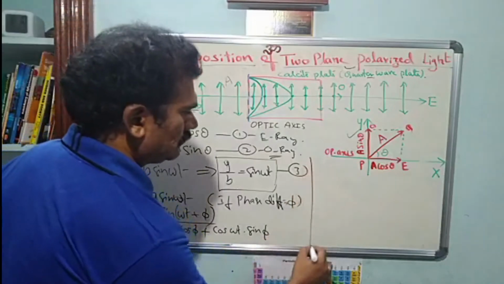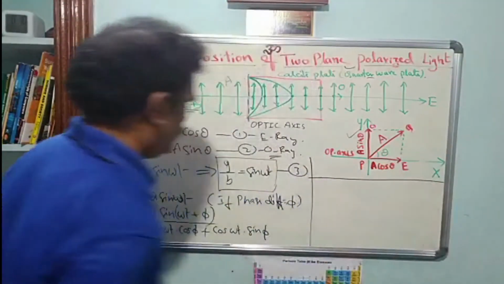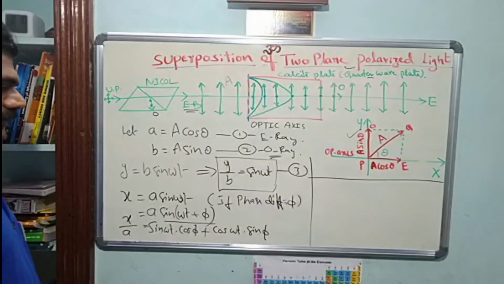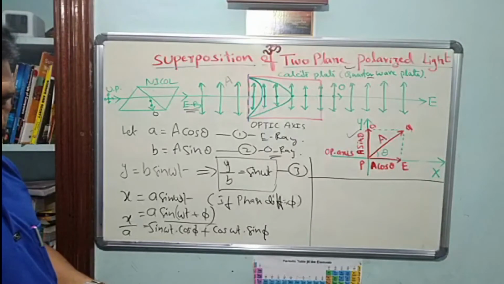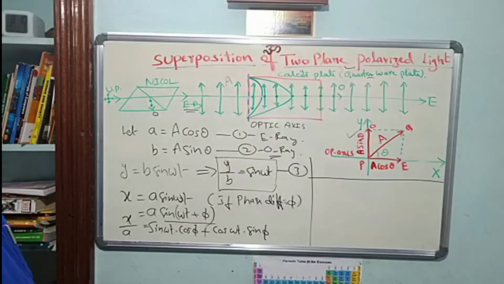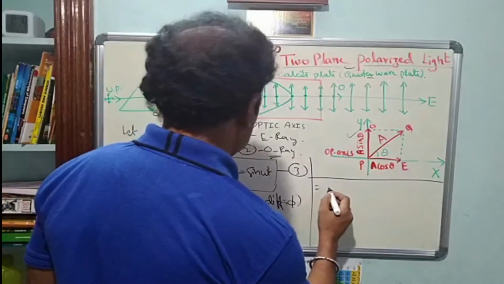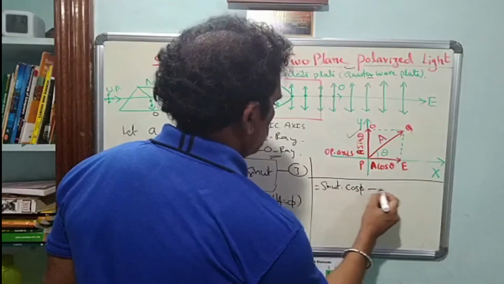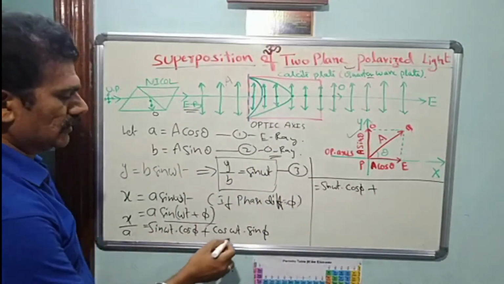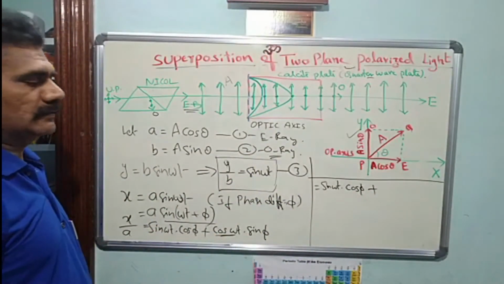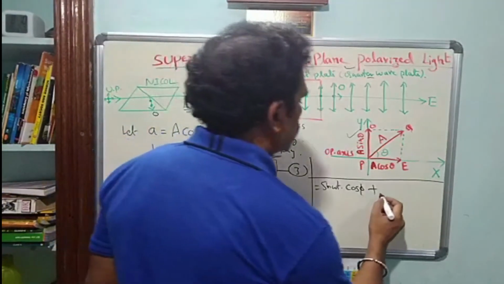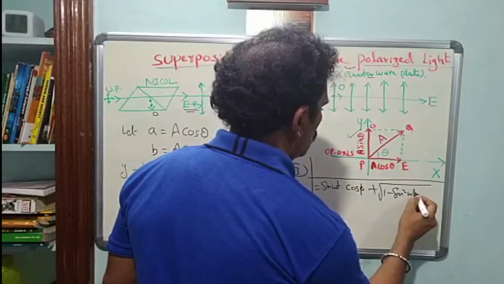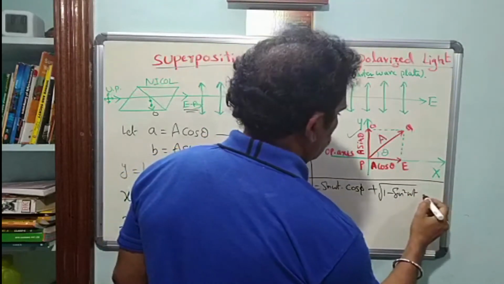What is the next step? Now in this equation we can write cos omega t in terms of sine. It is equal to sin omega t into cos phi; I will not disturb the first term. I will write only this in terms of sine: plus the square root of 1 minus sin square omega t into sin phi.